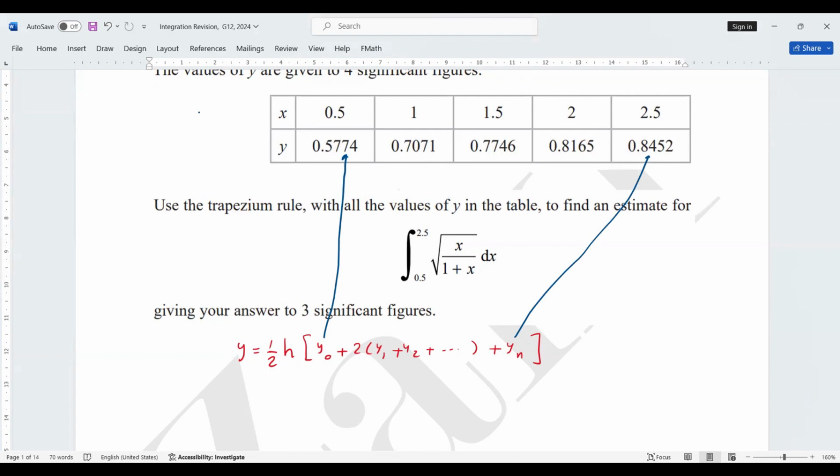h is the difference between the first two corresponding values in x. So h equals 1 minus 0.5, equal 0.5.